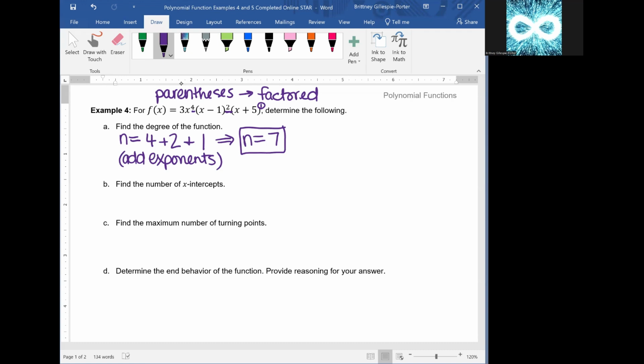The number of x-intercepts is the same as the degree, which means that we have 7 x-intercepts.